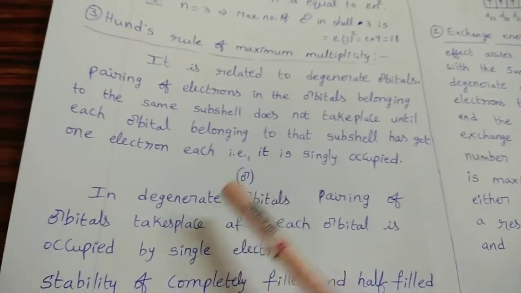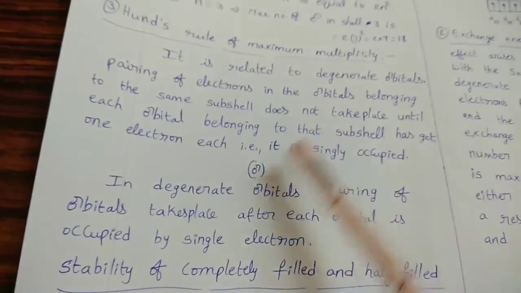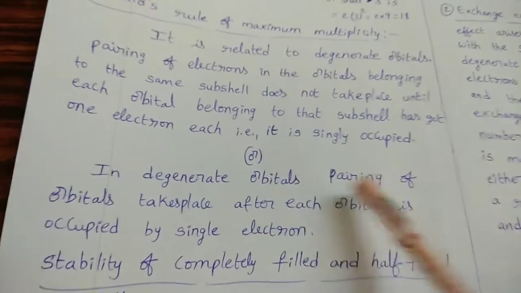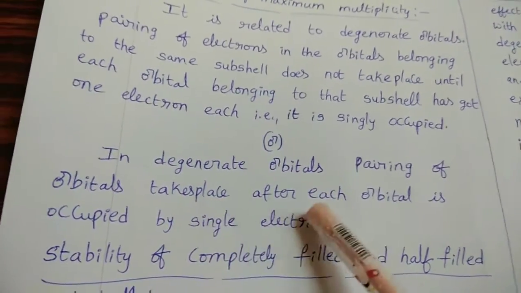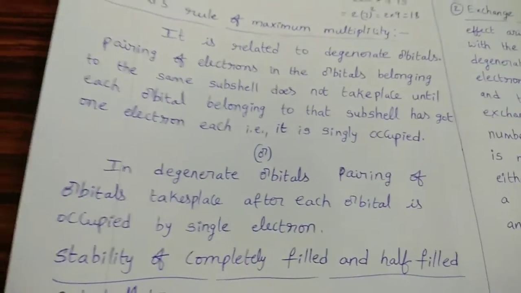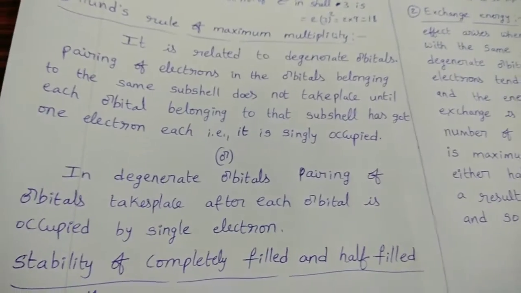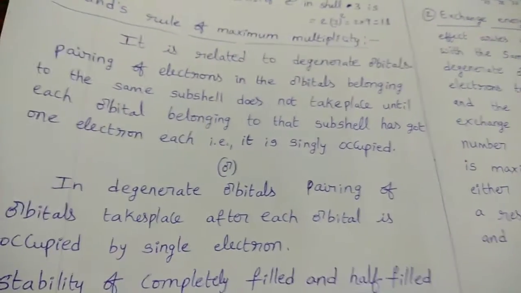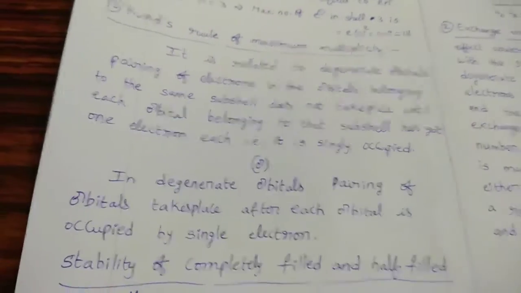In a simple way: in degenerate orbitals, each orbital is first occupied by one electron and then pairing takes place.